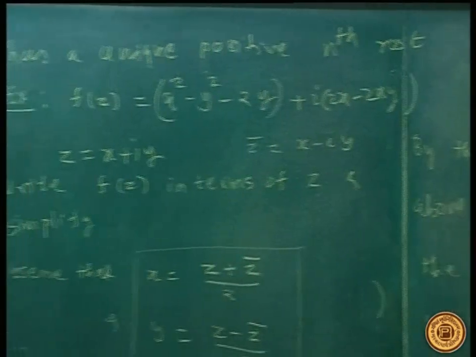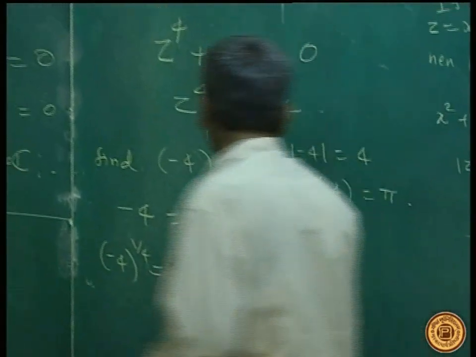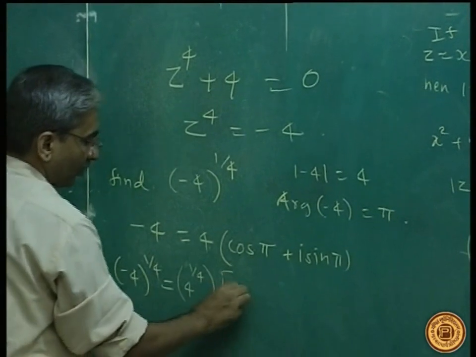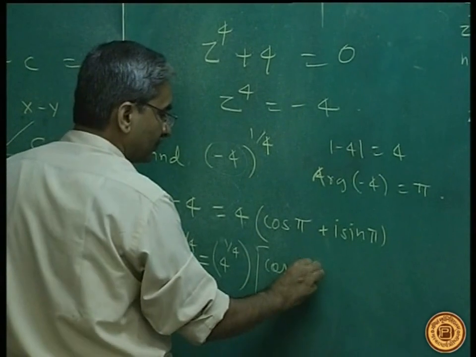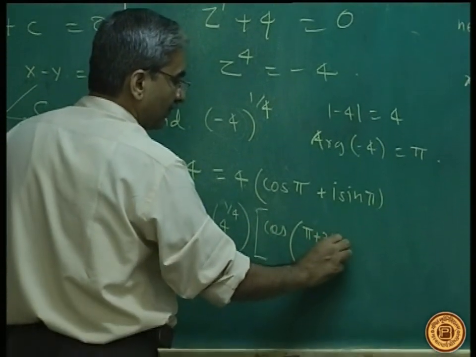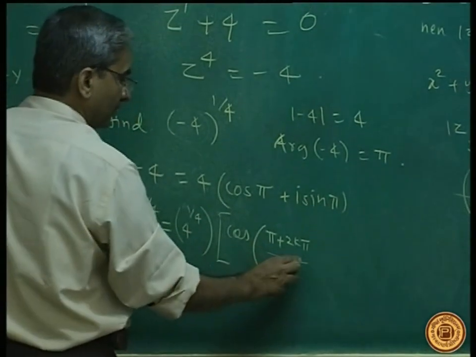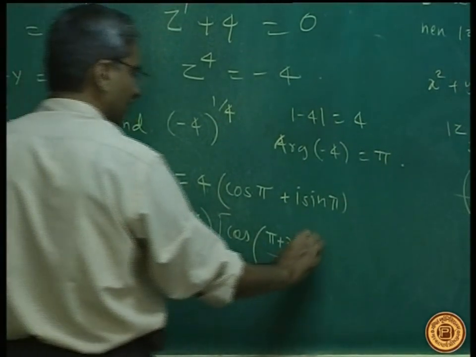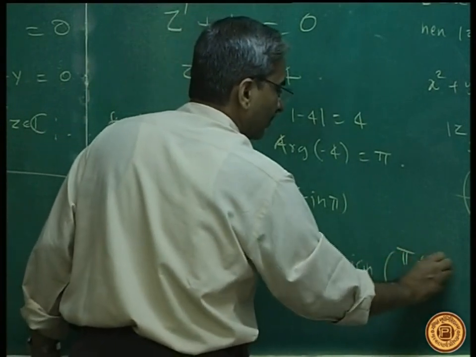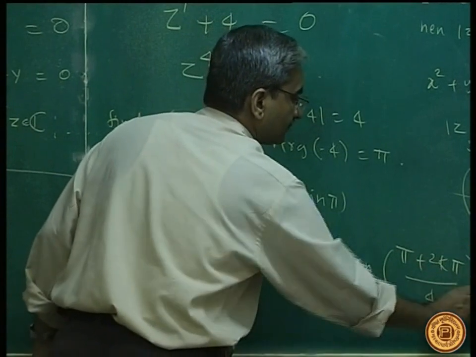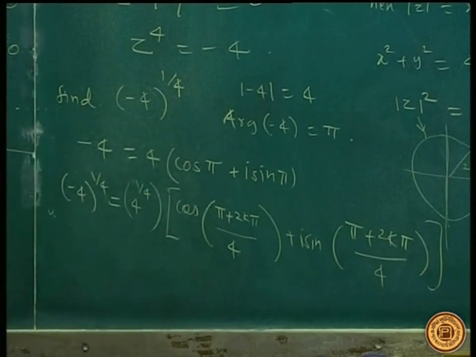So, it is that 4th root, a positive real number, and then inside you get cos of, now this is your theta plus 2k pi, so pi plus 2k pi upon 4, plus I sin of pi plus 2k pi upon 4. And this k will run from 0 to 3.